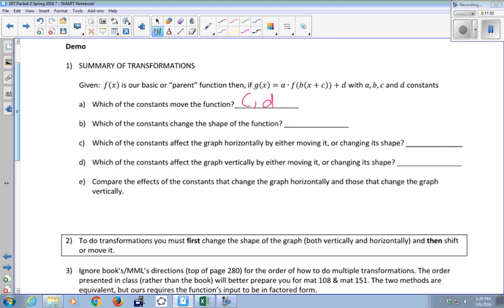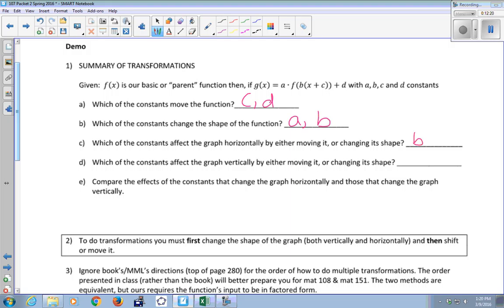Okay. Which of the constants change the shape of the function by pulling on it or compressing it? A and B. Multiplication stretches and shrinks the shape, right? Which of the constants affect the graph horizontally, whether it's by moving it or changing its shape? C and B, the ones that are changing x inside f.